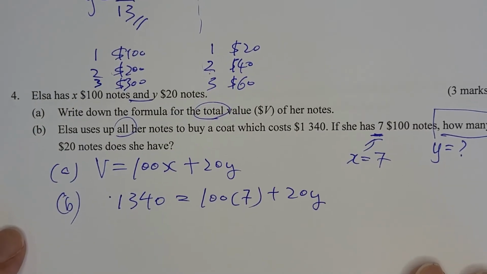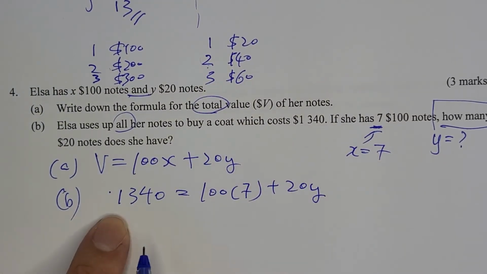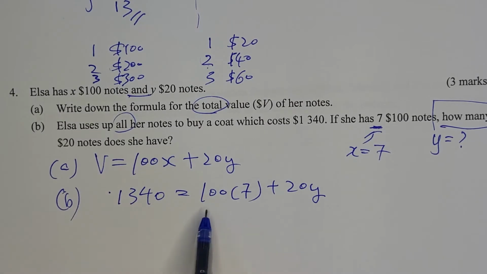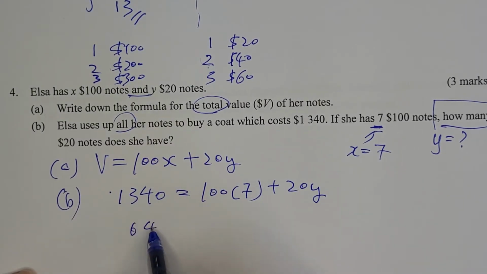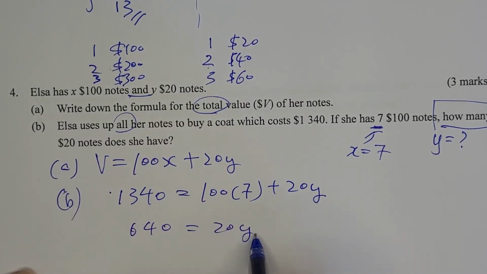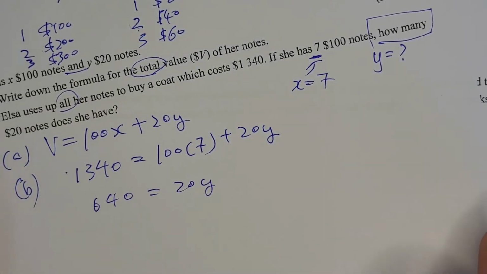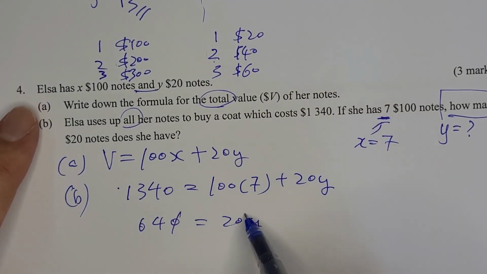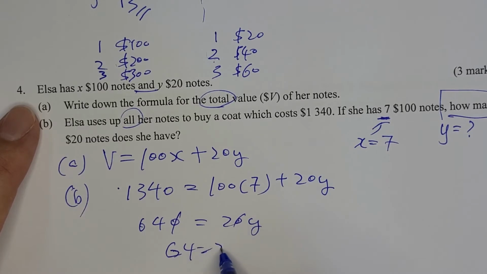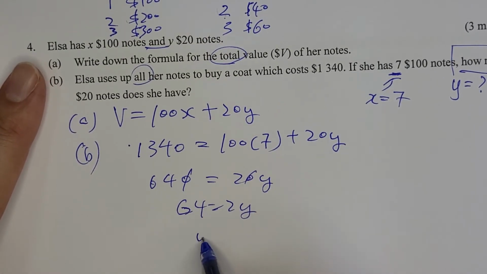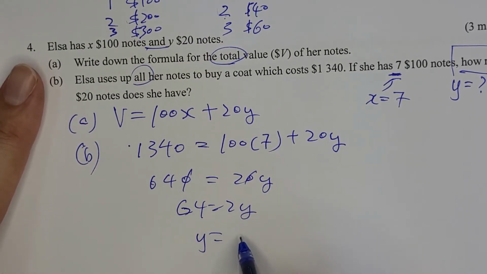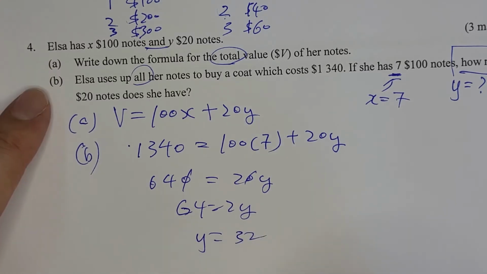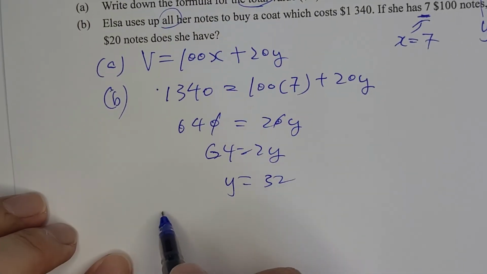So solve this. 1,340 minus 700 is 640. When you are doing the cancellation, first of all, cancel the 0 first, then 64 equals 2y. So y equals 64 divided by 2, 32. Okay. Answering statement.